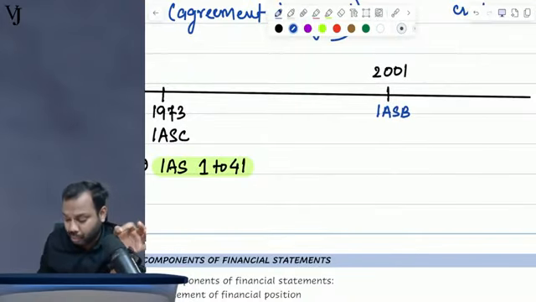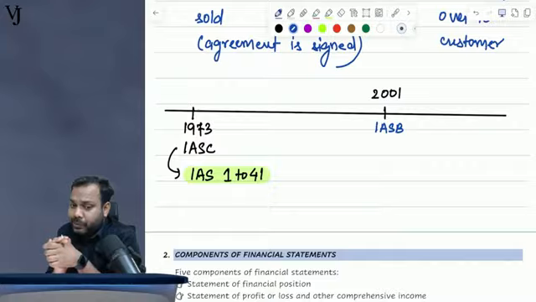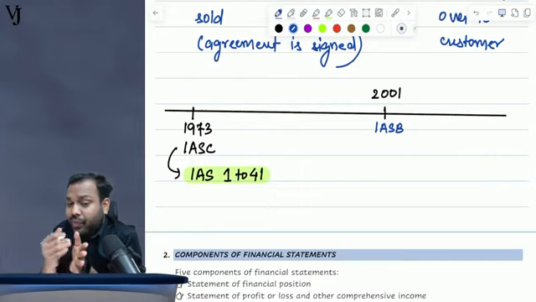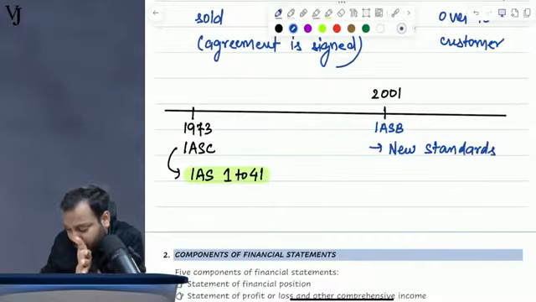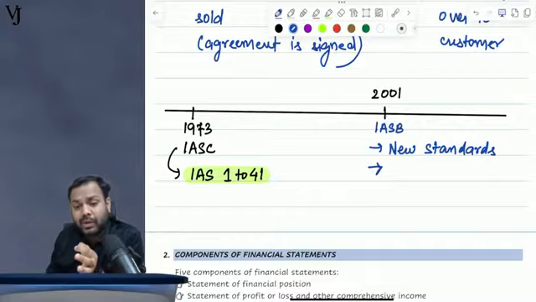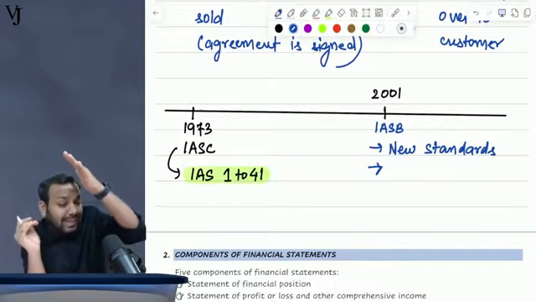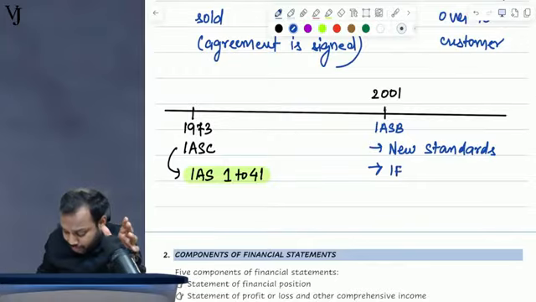Now the role of IASB was, as and when the need arises for a new accounting standard, they started setting up new accounting standards. If there was a standard in IAS which was not catering to the current economic scenario, then they cancelled the IAS and replaced it with IFRS.